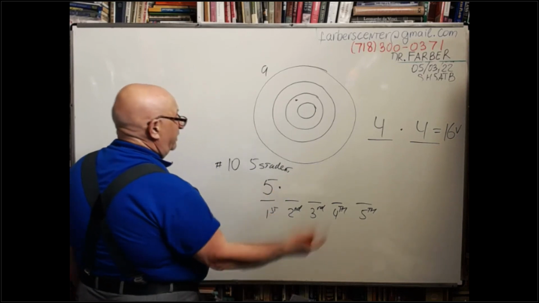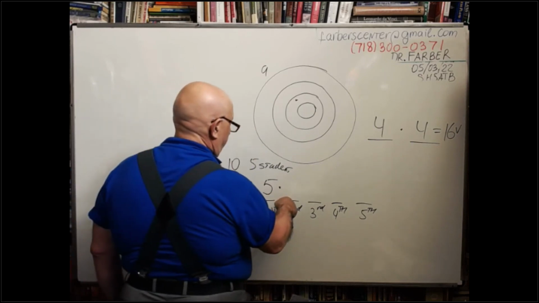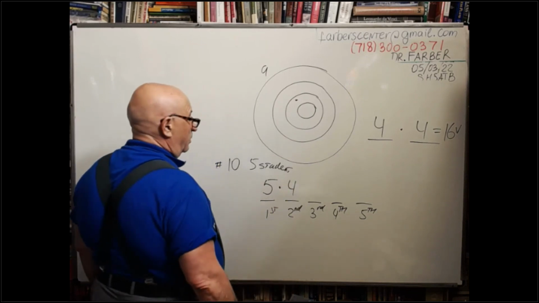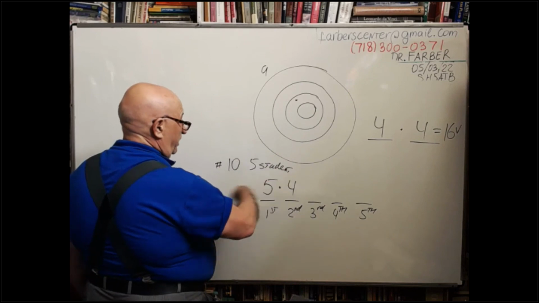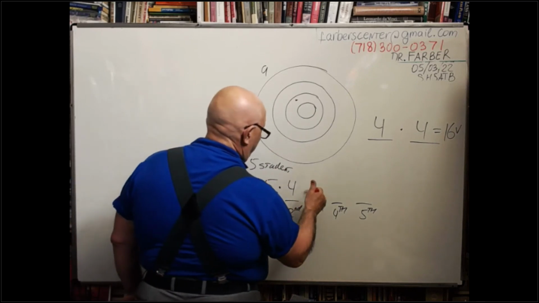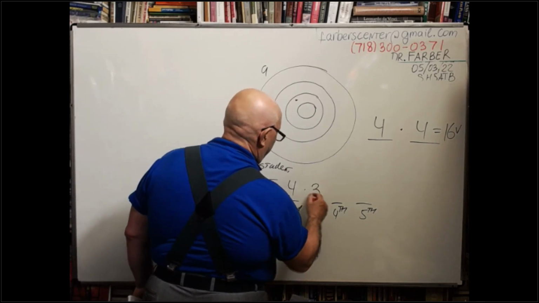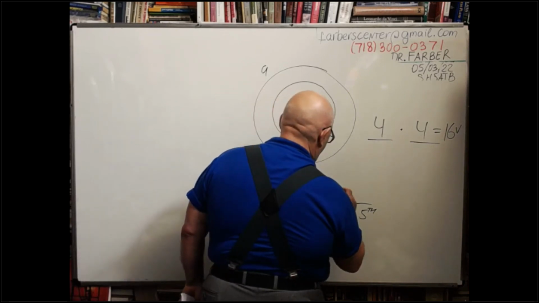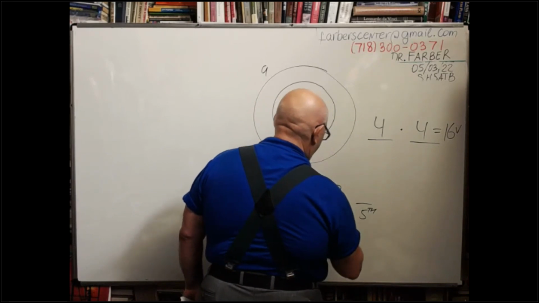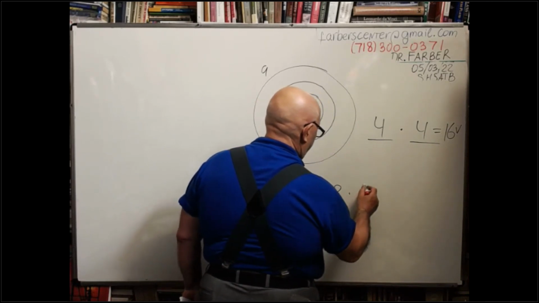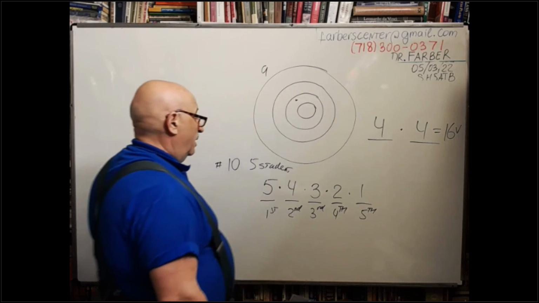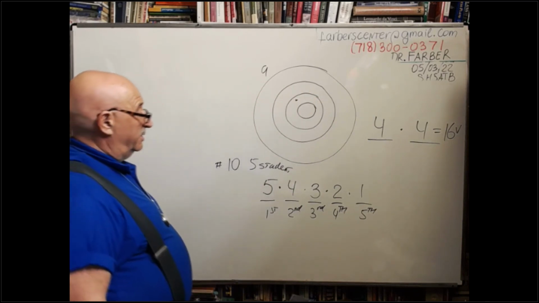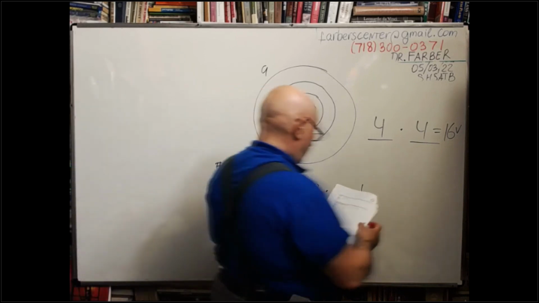Since 1 is already taken, for the second position I can have only 4, 1 out of 4. Since 2 people are taken, for the third position I have only 1 out of 3. Since 3 are taken, for the fourth position I have 1 out of 2. And finally, for the fifth position, I have only 1. According to the fundamental counting principle, 5 times 4 is 20, times 3 is 60, times 2 is 120. It is 120.